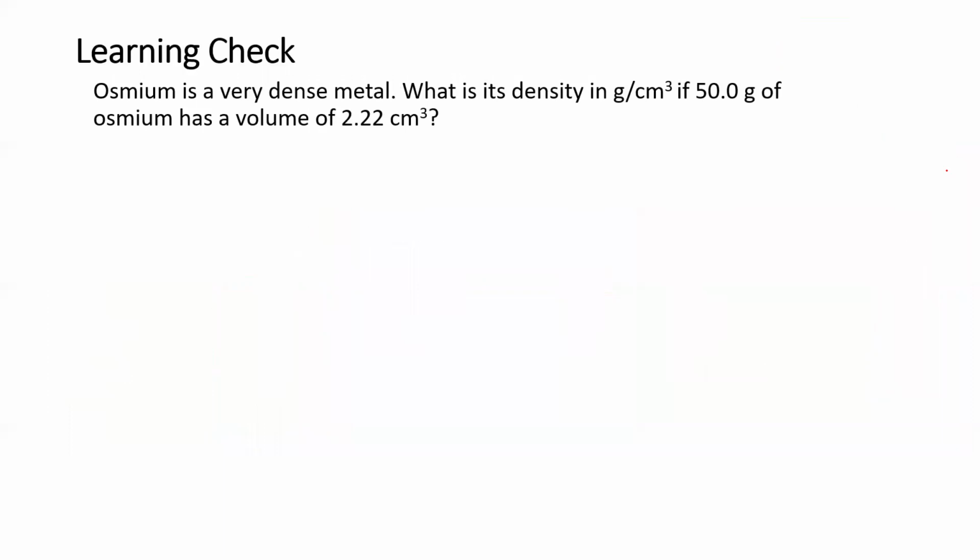So with density, we have to be able to calculate density, right? So what is the density of osmium, which is a very dense metal, if 50 grams of it has a volume of 2.2 centimeters cubed? So what could we do? Well, we could take a cube and set it on a scale and measure its mass, let's say 50 grams. And then you could use your volume formula, right?